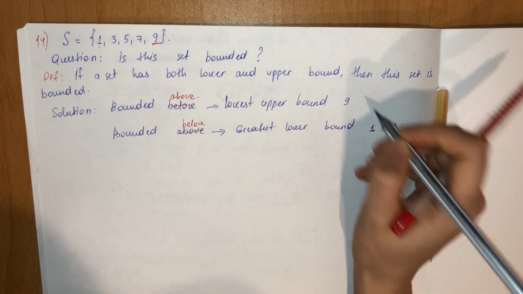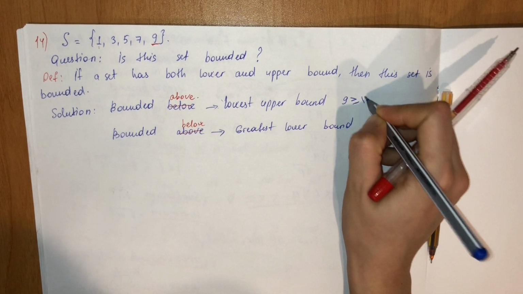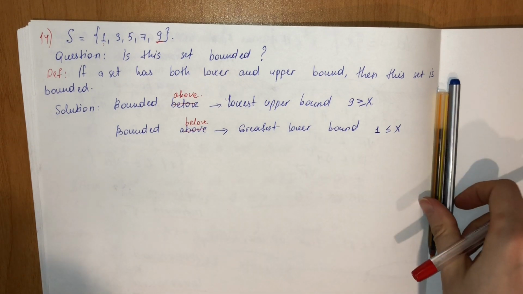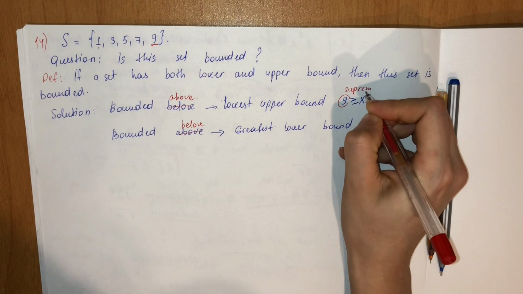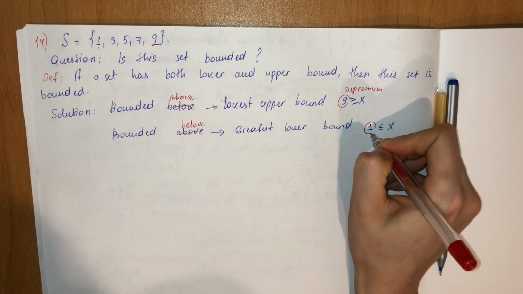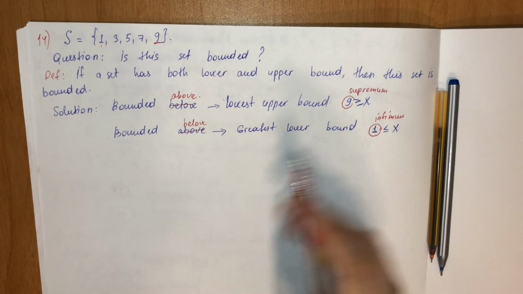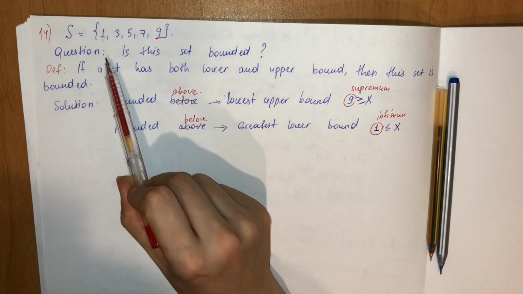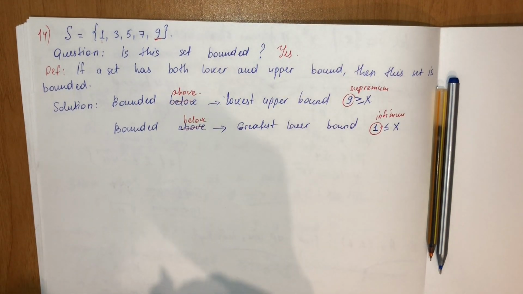The supremum is 9, and 1 is the infimum. So this set has both supremum and infimum, and the answer is yes, this set is bounded.